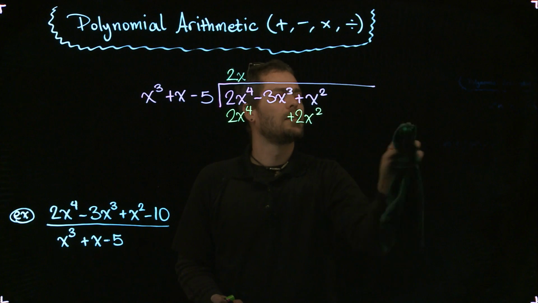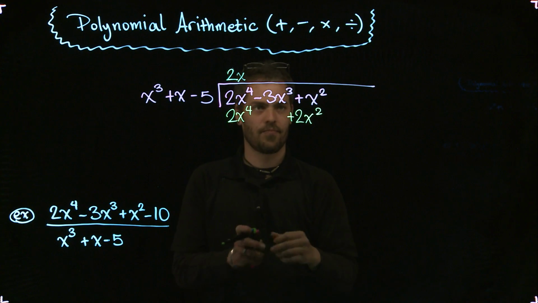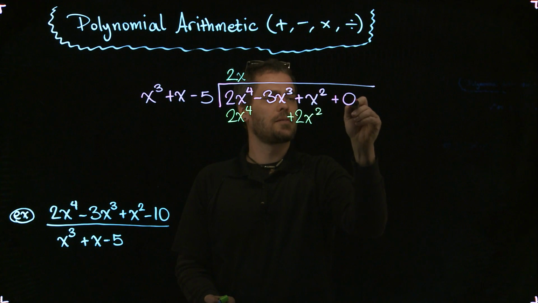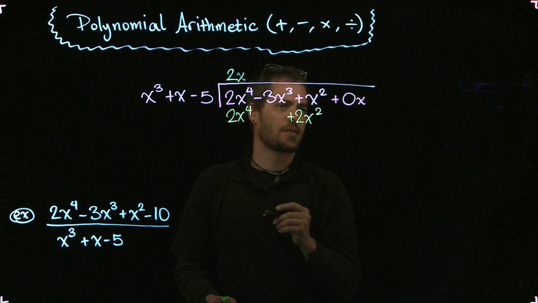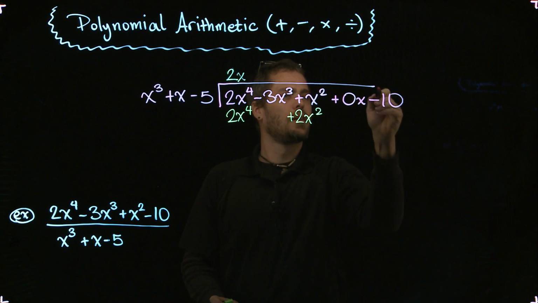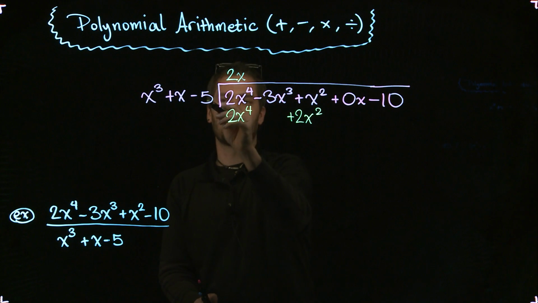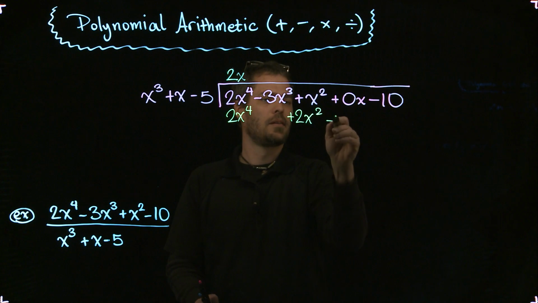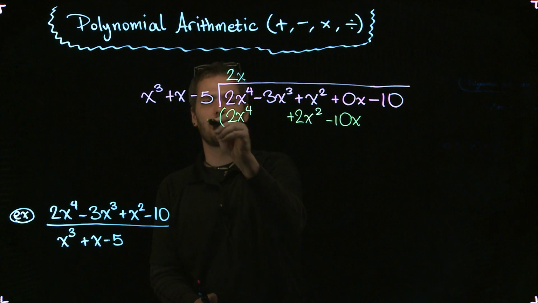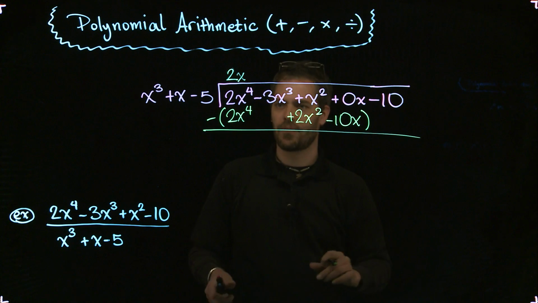Instead of my minus 10 right here, let me put plus 0x just to show an x term and be able to line things up. And then I'll put my minus 10 there on the outside. If I do that, then I do have a place to put this minus 10x right there to line it up. Okay, don't forget we're subtracting all these guys when we get to the next step.